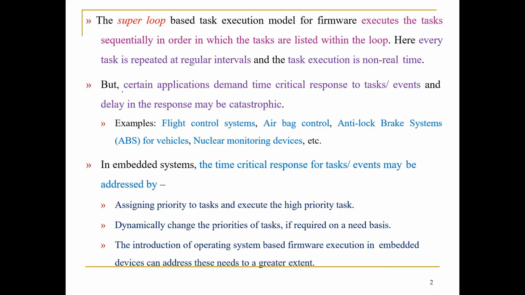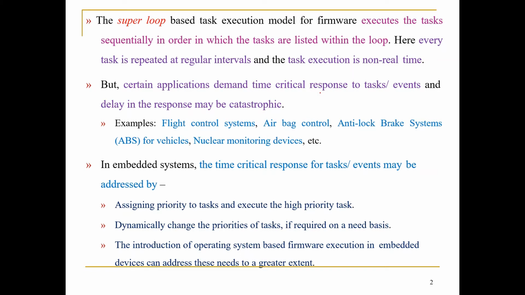But certain applications demand a time critical response to task events, and a delay in the response time may be catastrophic. What this sentence says is, there are some tasks given in real time which may demand that I want the response for this particular task in this particular time, which says that the time should be deterministic.